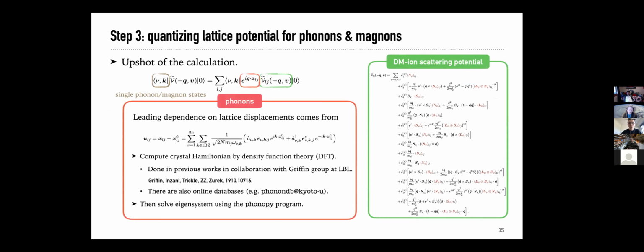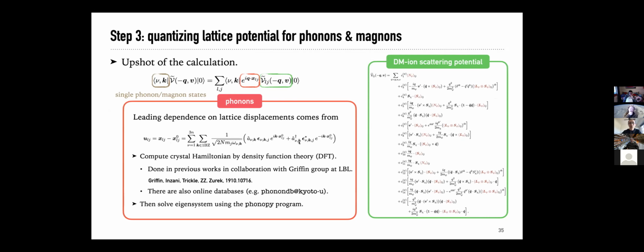For phonons, since they come from the lattice displacements, we have to find the dependence of this operator on the lattice displacements. The leading order dependence only comes from this exponential factor. So we expand these position operators around the equilibrium positions and write it in the standard way to obtain the phonon creation and annihilation operators.